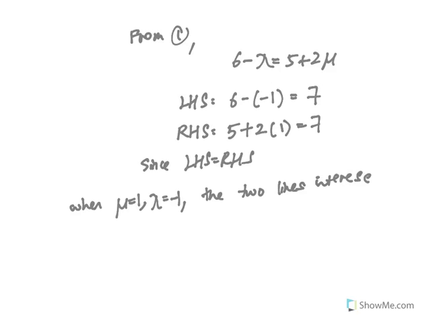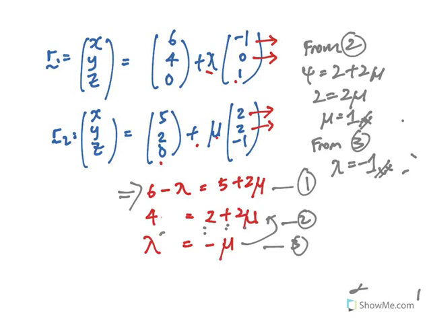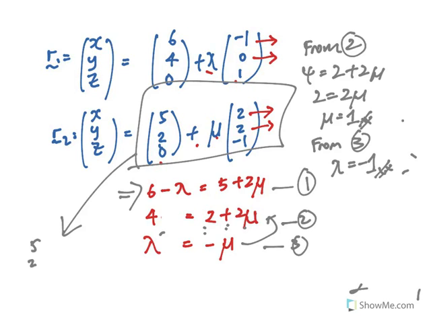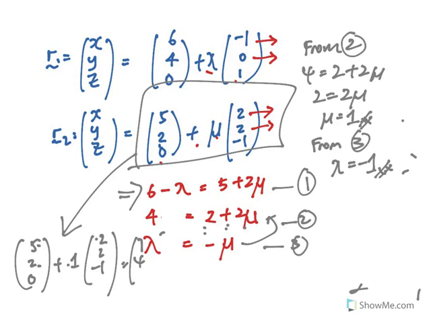What is the particular point at which they intersect? We just substitute back lambda equals negative 1 or mu equals 1. Using the second line, the point of intersection is (5, 2, 0) plus 1 times (2, 2, negative 1), so you have (7, 4, negative 1).